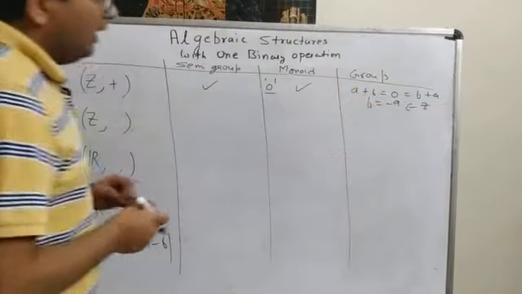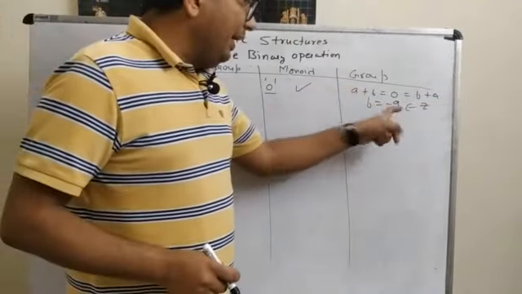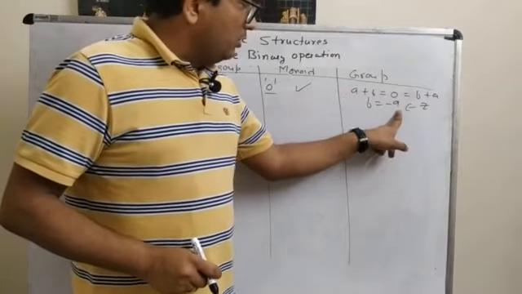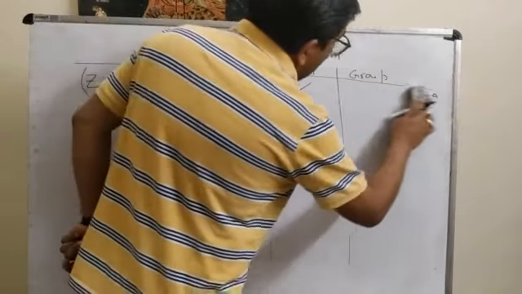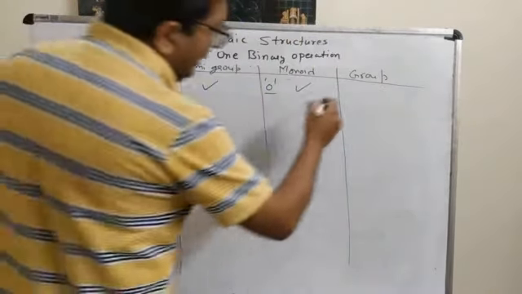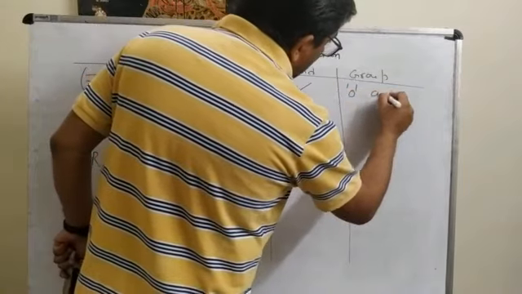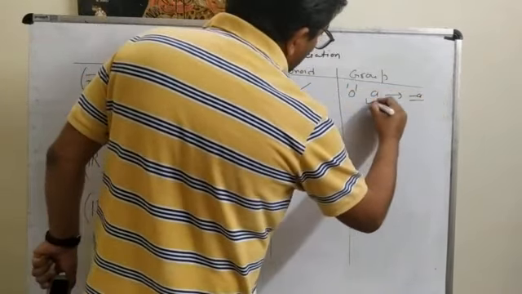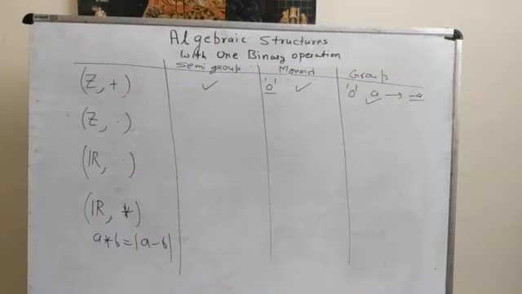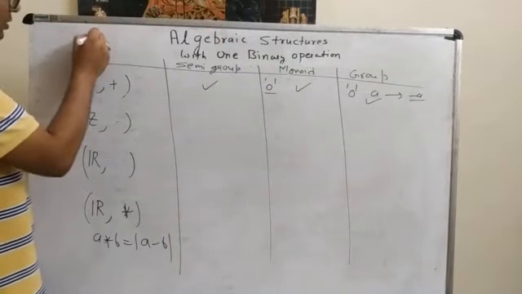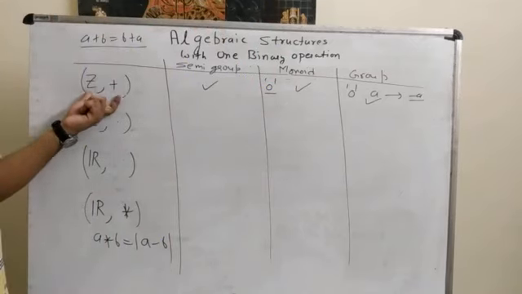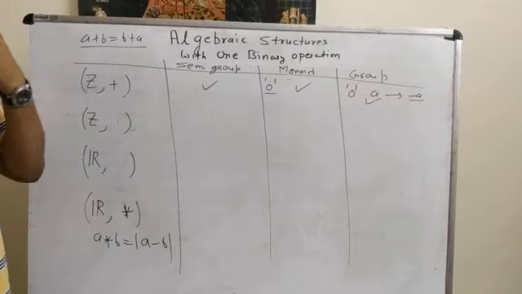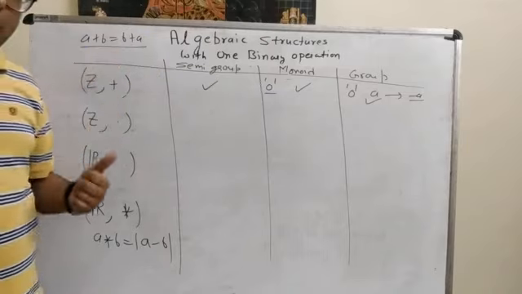So the inverse of A is minus A. So in the case of (Z, +), the inverse of every element exists. Here the identity element is 0 and the inverse of A is minus A. So yes, it is a group. Moreover, in the case of integers, A plus B is equal to B plus A, so (Z, +) is an abelian group. It is a group, and also an abelian group because the commutative property holds.